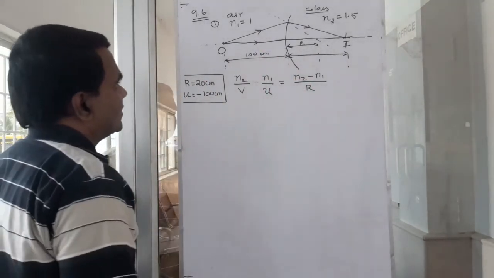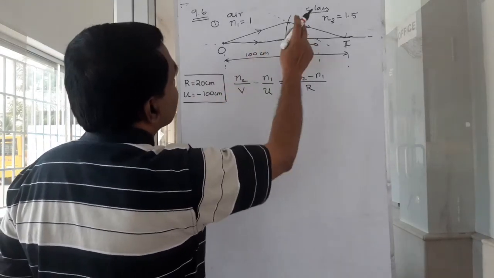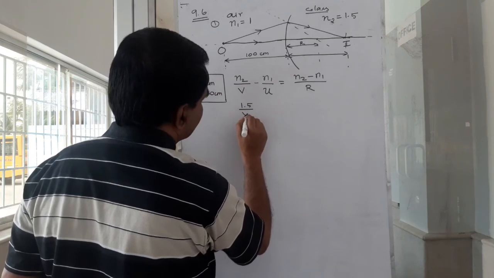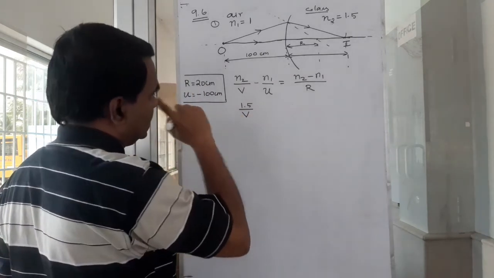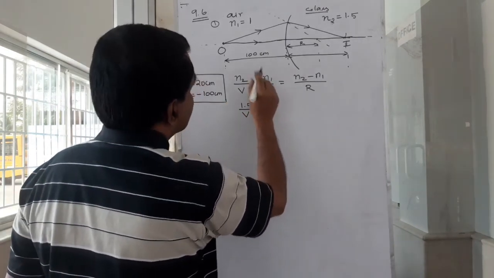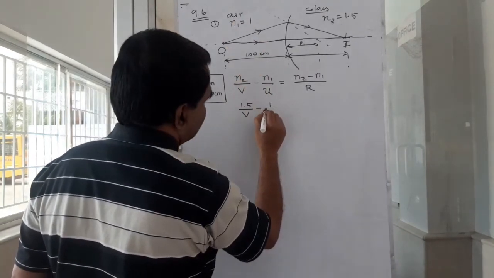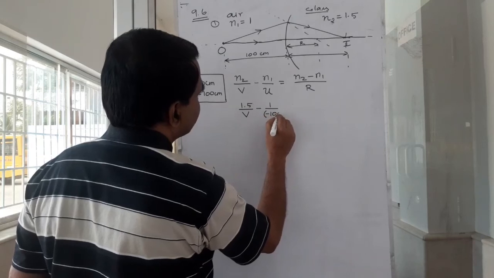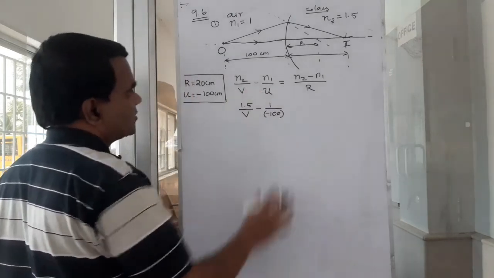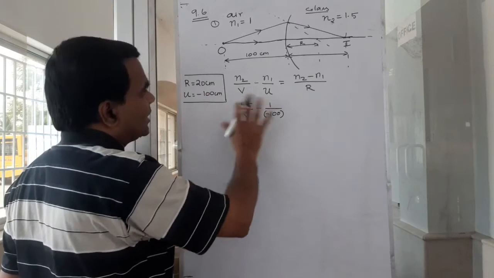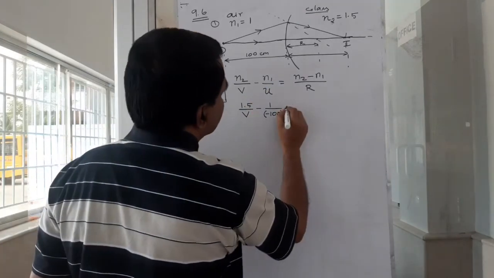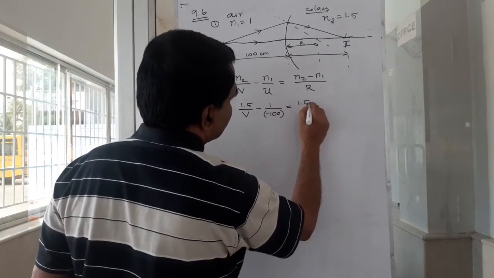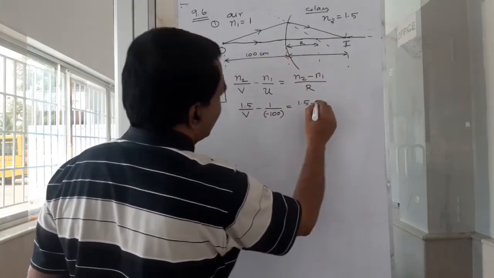And you plug them in and you get this. What is N2? N2 is 1.5. V, you don't know, you are going to figure out. And minus, what is N1? N1 is 1. What's your U? U is minus 100. These are in centimeters. Okay, you can convert them into meters also, but let me do that in centimeters. This is equal to, what is N2? N2 is again 1.5. What's your N1? N1 is 1.